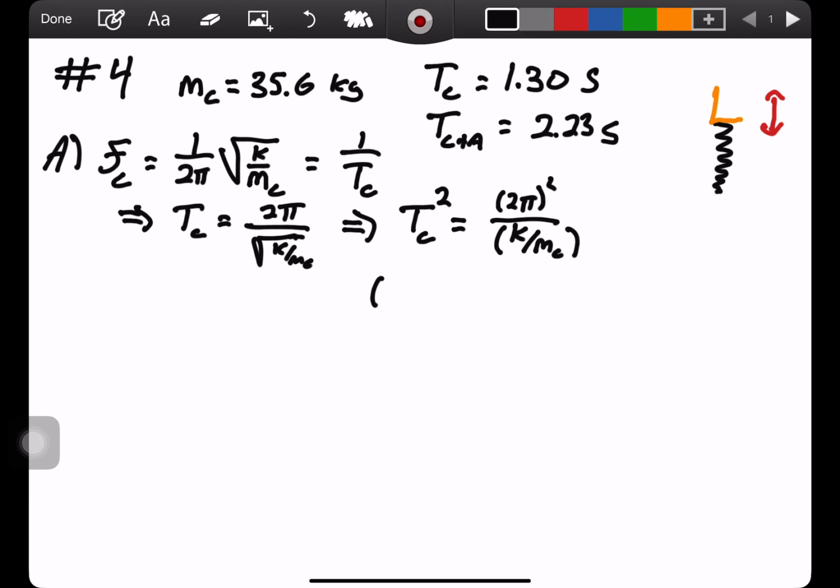So I'll have k over mc multiplied by the period squared equals 2 pi squared.